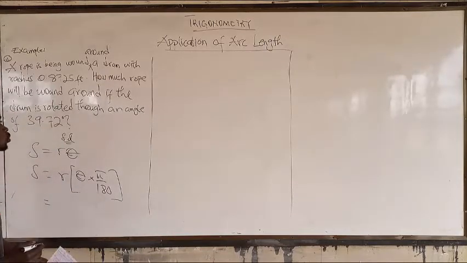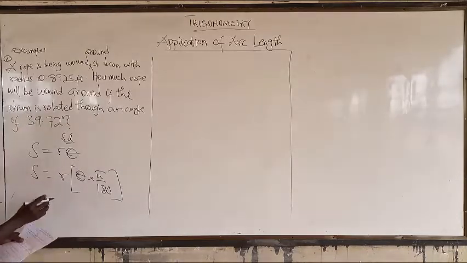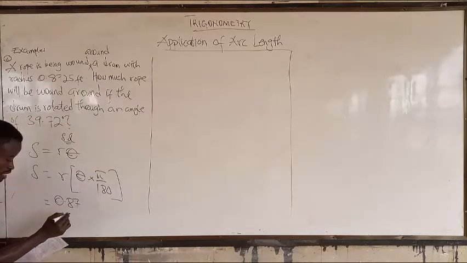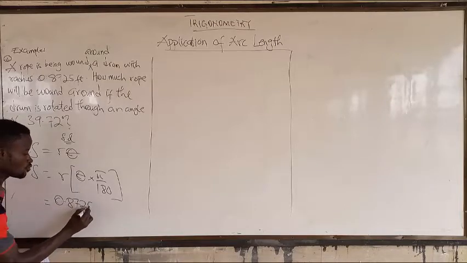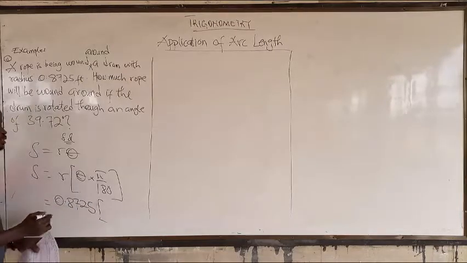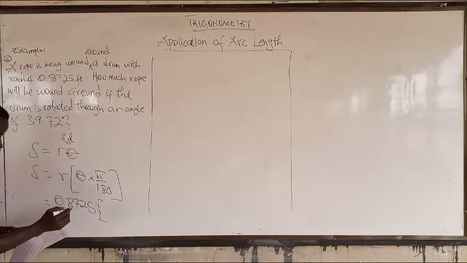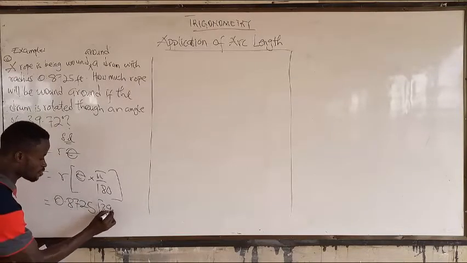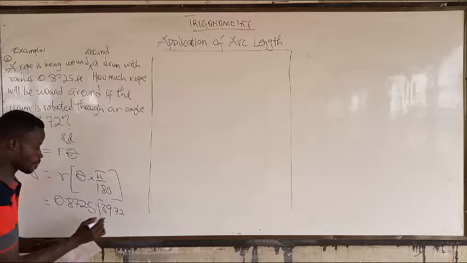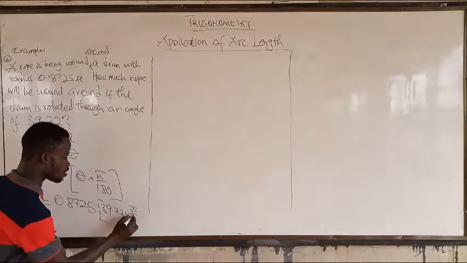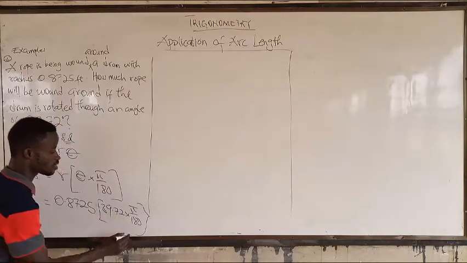So by substitution, the radius is 0.8725. Then we multiply by the angle, which is 39.72 times pi over 180.